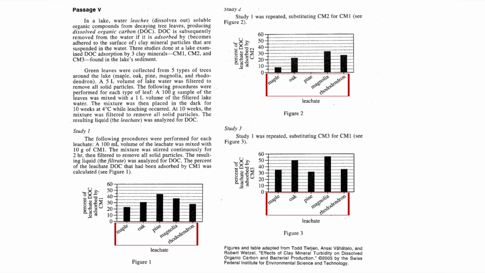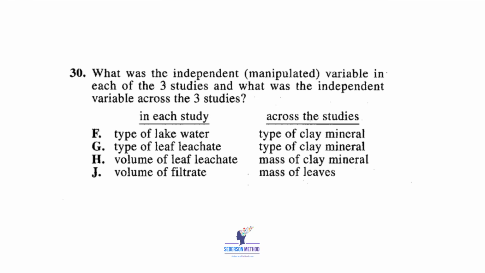These are different types of leachate, whatever leachate is. So if we go to the answer choices, we're going to see that in each study it was the type of leaf leachate, and across the studies it was the type of clay minerals. The right answer is G.